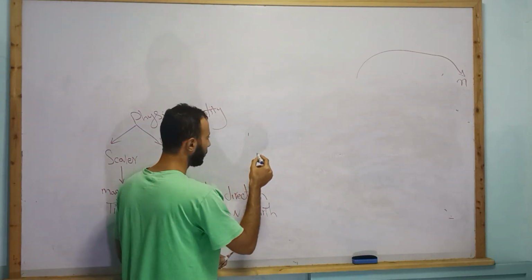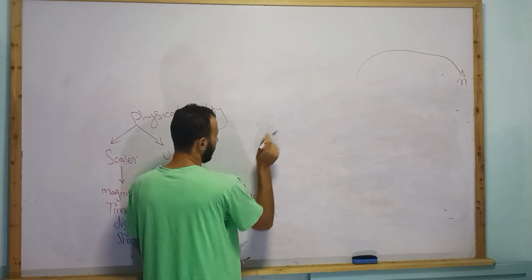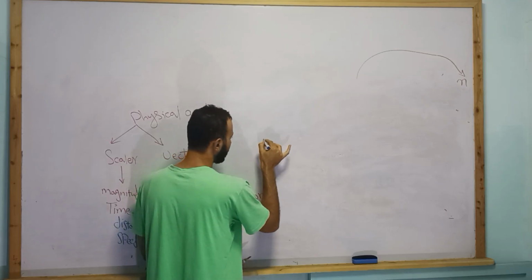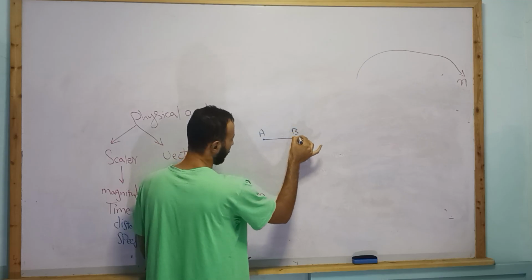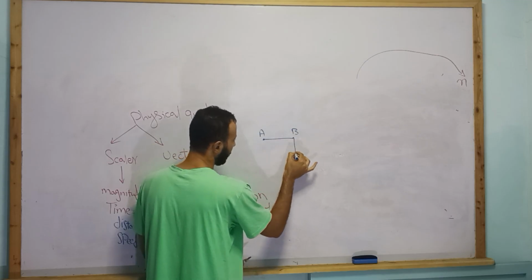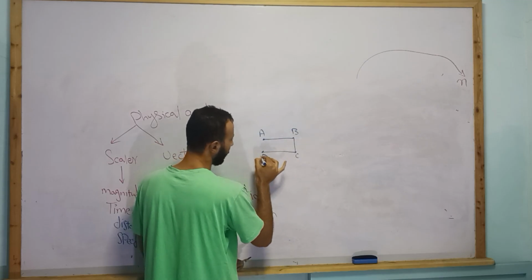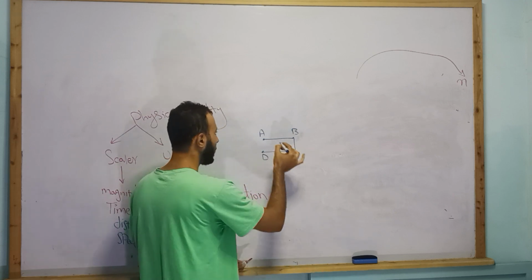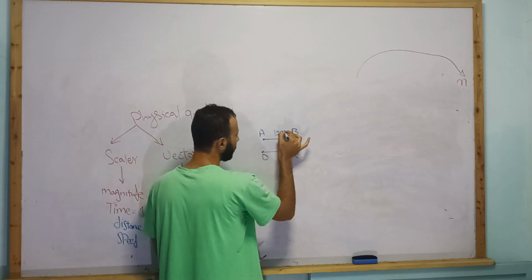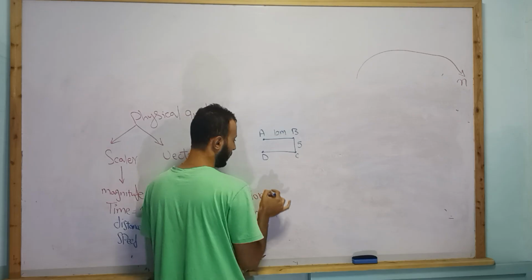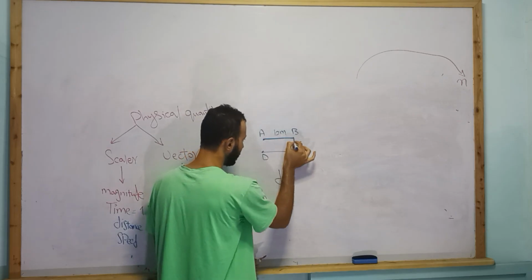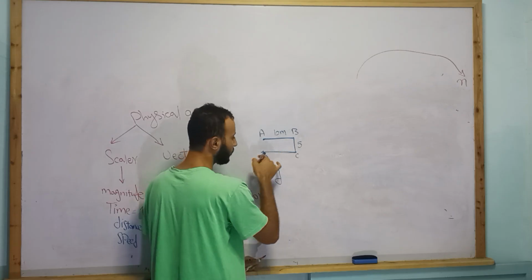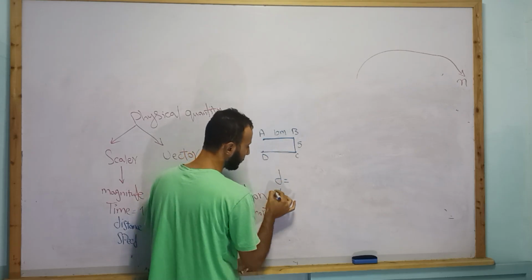I said to you, if you go from this position, which is called A, then to B, then to C, then to D, and this one was 10 meters, this one was 5. And I asked you about the distance that you covered from A, B, C to D, and the displacement.